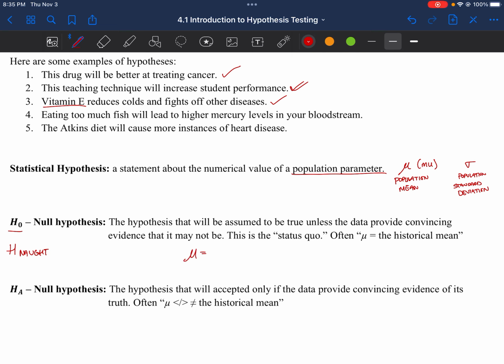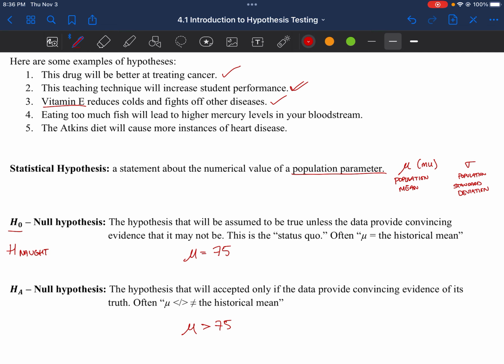So let's say that historically students get a 75 in a college course. The null hypothesis would be the students are still getting an average of 75. And we know somebody's claiming that this teaching technique will increase the student performance. So what that means is somebody thinks that mu is going to be greater than 75.